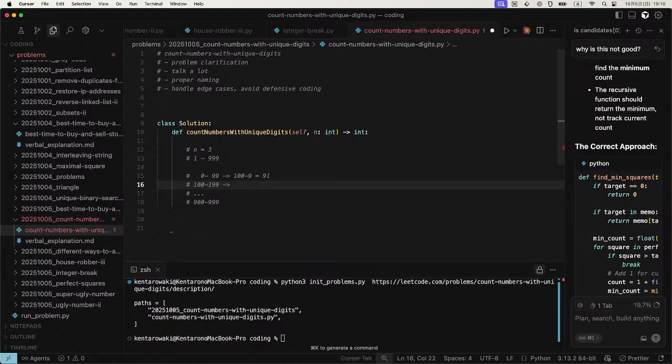How about this one? 100. There is 10 plus 9.